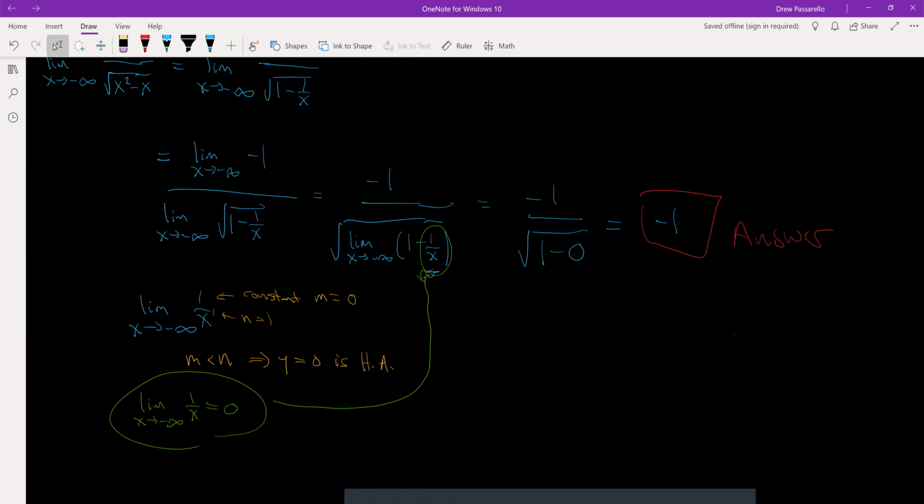Now the 1 over x, that's going to be 0 as x approaches negative infinity because 1 over x, 1 is a constant with a degree of 0, and on the bottom x has n equals 1, so the degree up top, 0, is less than the degree on the bottom, 1, which makes y equals 0 the horizontal asymptote, which will mean that the limit of 1 over x as x approaches negative infinity is 0. So that's why I have this 0 right here. So that gave me my answer, negative 1.